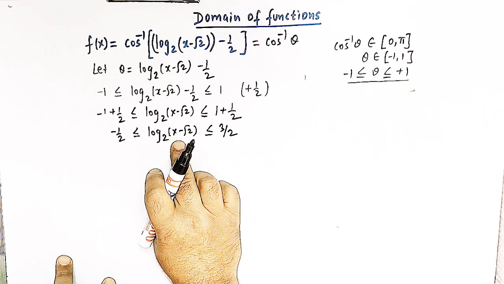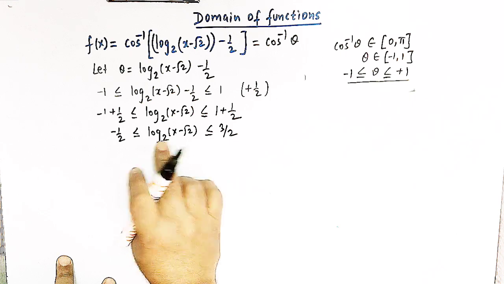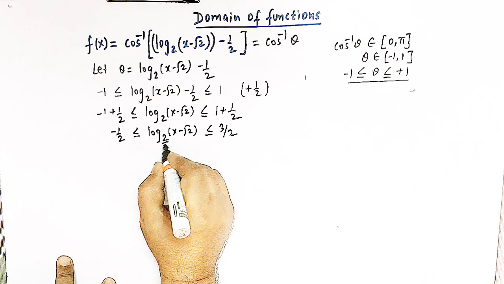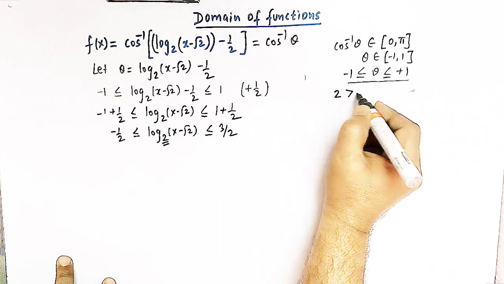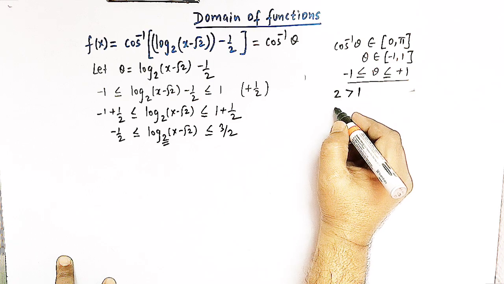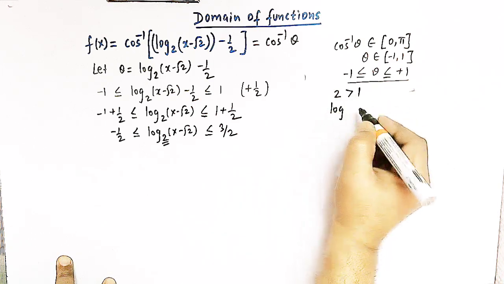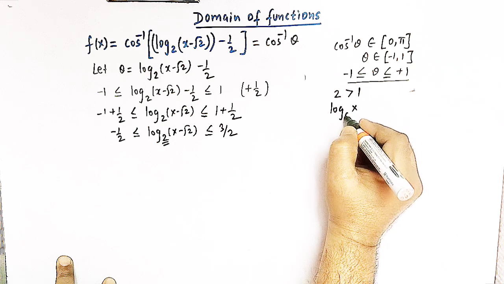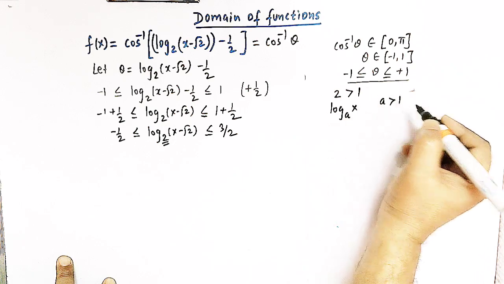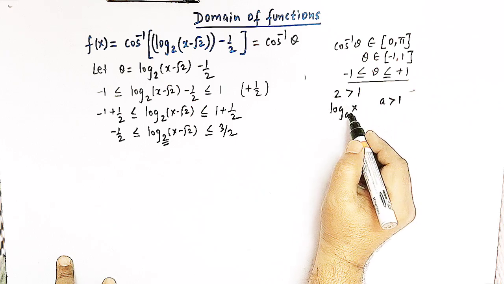So now to move further, here we have the log function, that is log of (x minus root 2) to the base 2, and here the base 2 is greater than 1, and we know from the theory of functions that the function log of x to the base a, where a is greater than 1, is an increasing function.